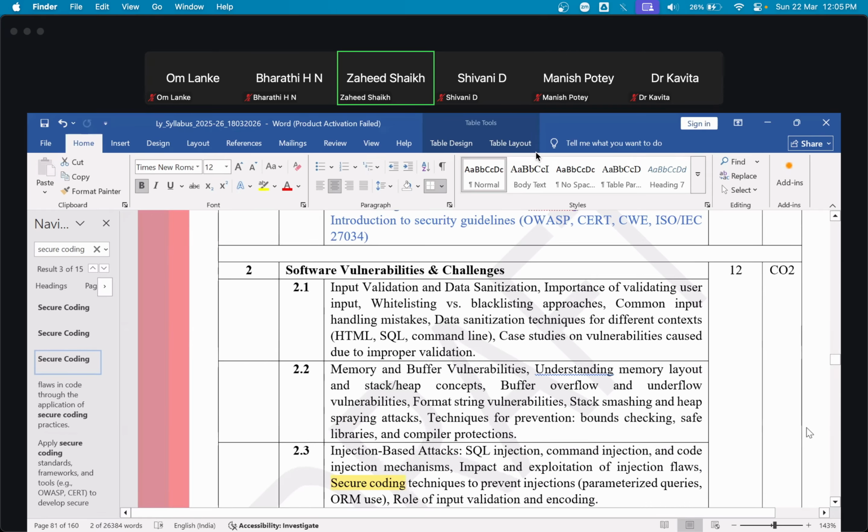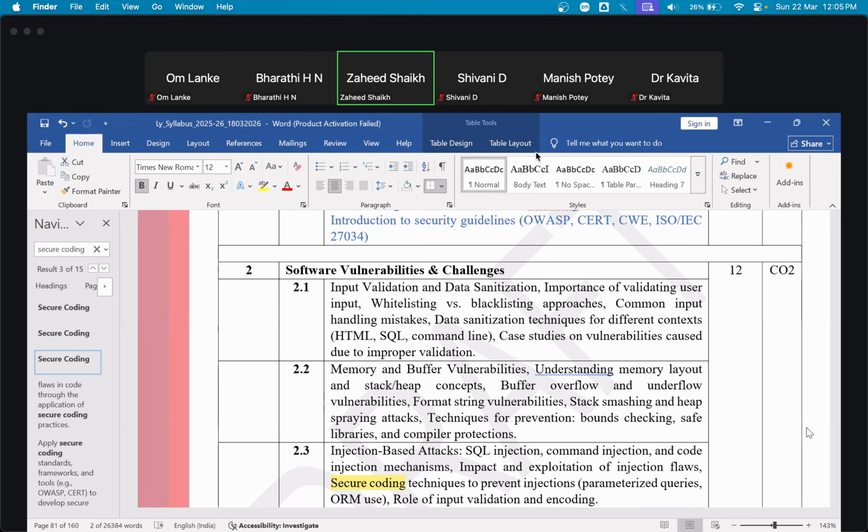Module number 2 talks about software vulnerabilities and challenges. A very important aspect wherein we come up with applications, but the applications lack input validation and have a lot of data sanitization issues, because of which there is leakage of information through multiple channels and means. In such cases, what are the techniques for input validation and data sanitization?